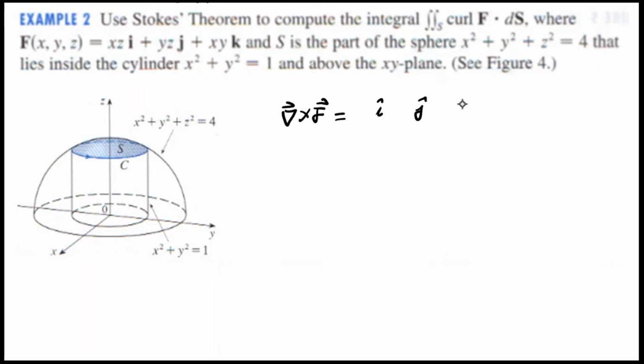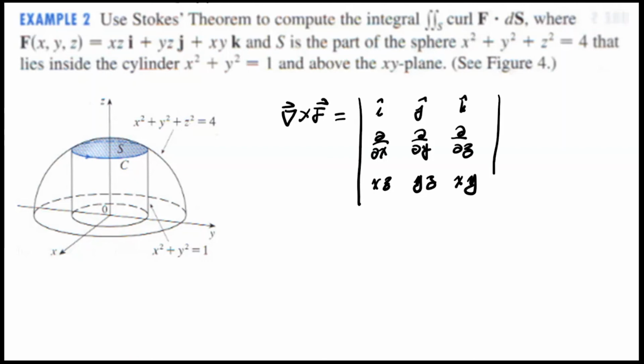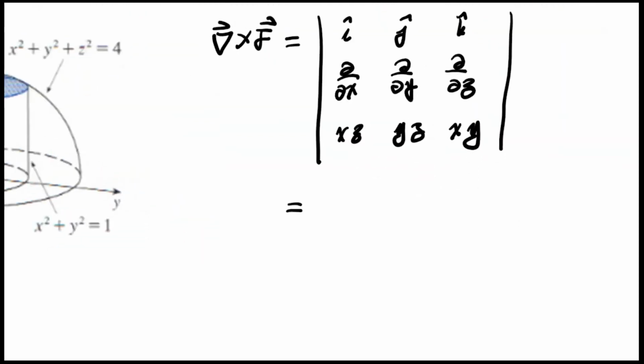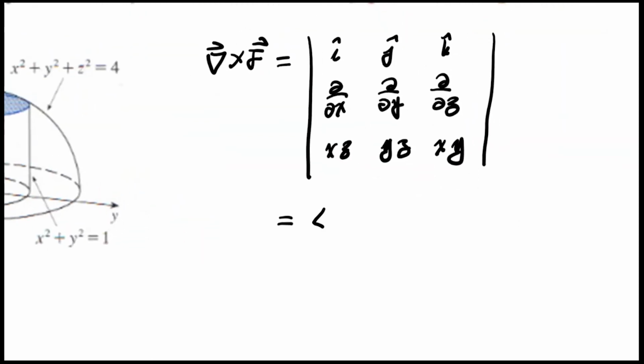So we have i, j, k, then partial with x, partial with y, and partial with z, and your f is xz, yz, xy. Let's cross our fingers. So the i component: this with respect to y is just x, and this with respect to z is x minus y.